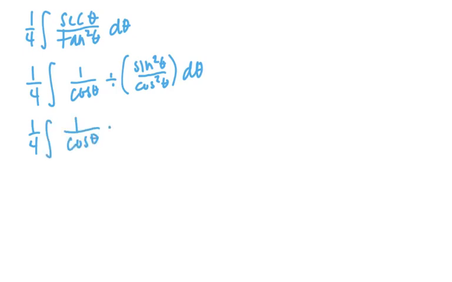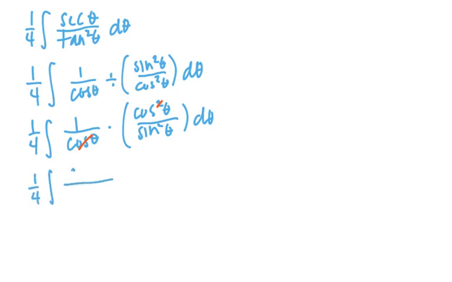Keep the first one, change it to multiply, flip the second one: cosine squared theta over sine squared theta, d theta. So we can cancel a cosine with a cosine. And now we have 1/4 the integral of cosine theta over sine squared theta, d theta.